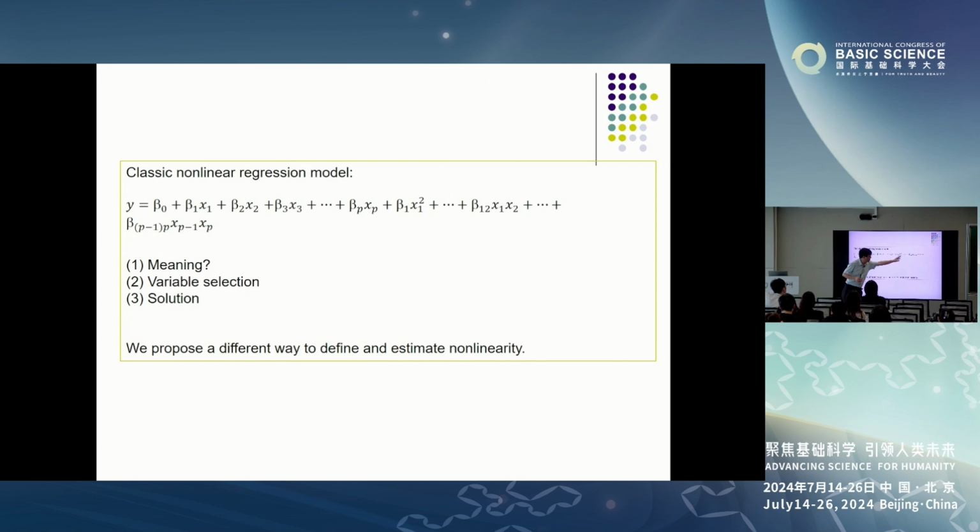How to explain that x squared has an impact on y is not easy to interpret. And more importantly, we cannot use the current approaches of variable selection to select the most important variables here. We can only select the most significant variables based on a linear model, not a nonlinear model. And the solution is difficult, right? You have squares and products, which make it difficult to estimate the parameters.